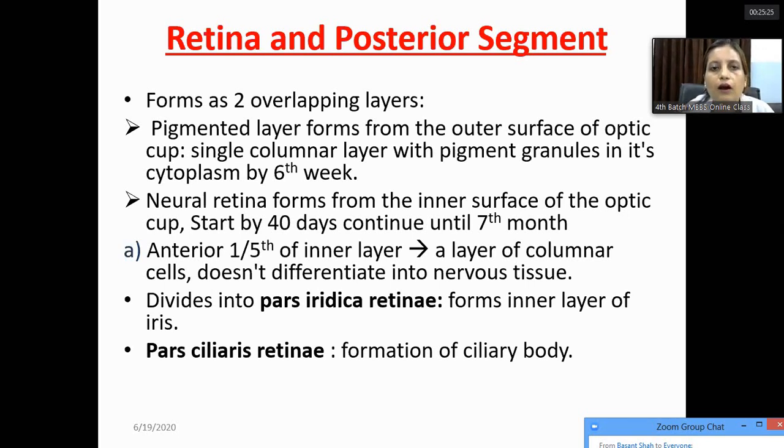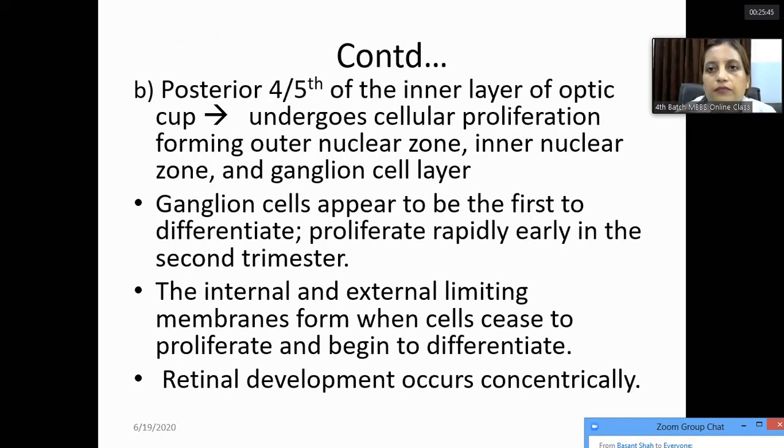So again, from that inner layer of the optic cup, the neural retina, the anterior 1/5 does not differentiate; it just divides into two parts, which form the inner layer of the iris and the ciliary body. And the posterior 4/5 of the inner layer of the optic cup undergoes cellular proliferation, forming the outer nuclear zone, the inner nuclear zone, and the ganglion cell layer. Just remember, the inner posterior 4/5 divides into 3 zones.